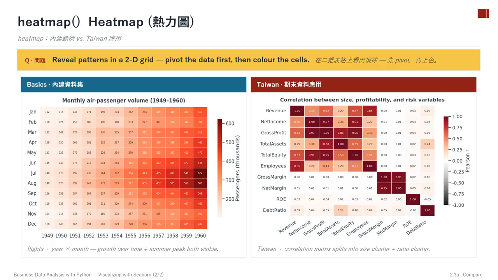Okay, so from the revenue, net income, gross profit, total asset, and total equity to the employees, these variables have a really positive relationship. But for others, they don't have a strong relationship. So in here we can see the color is so dark, and in here it is just a white color. So this means they don't have a strong relationship. Okay, so that is a heat map.